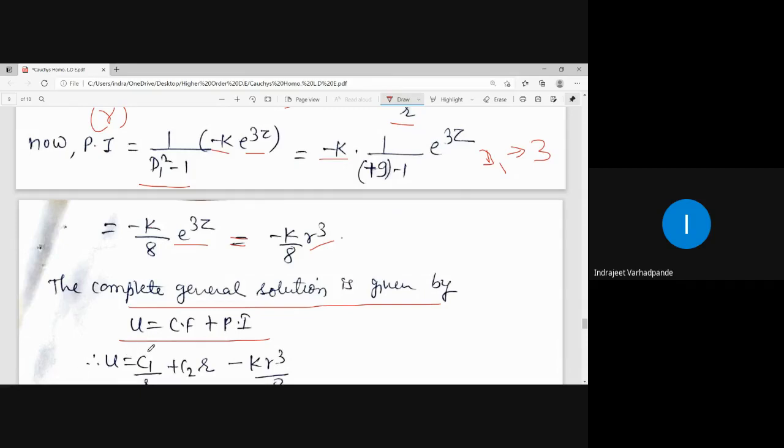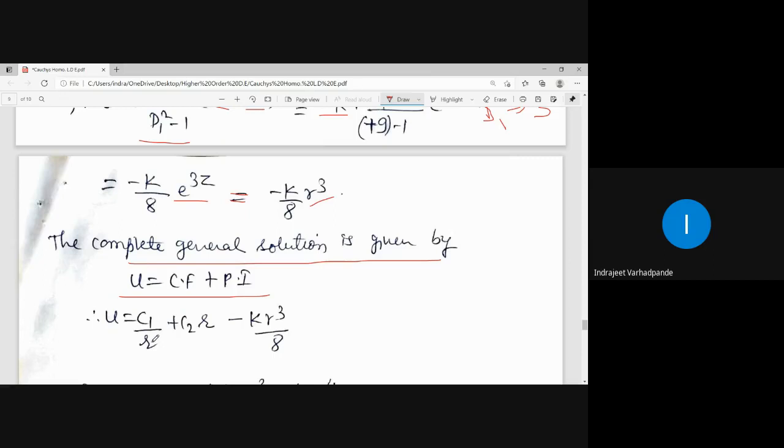So u is equal to C1 upon r plus C2 r minus k by 8 r cube. That is the final answer. U is equal to C1 upon r plus C2 r minus k r cube upon 8, or minus k by 8 into r cube.